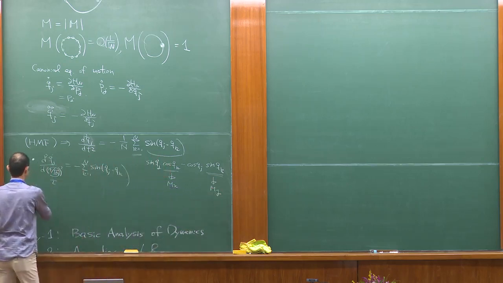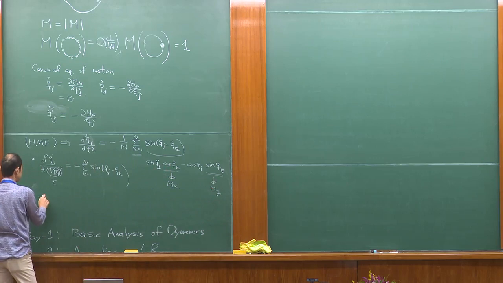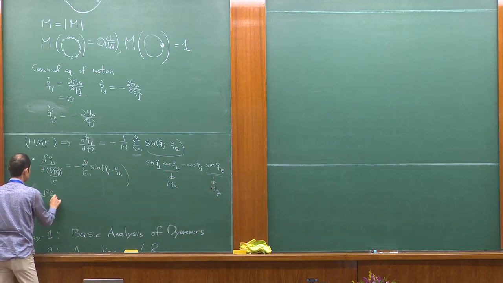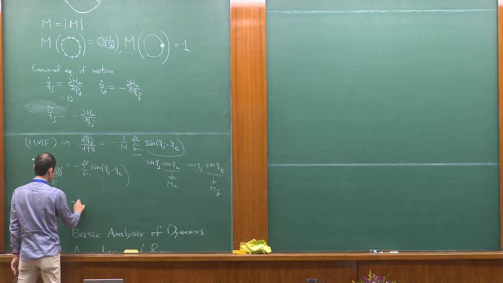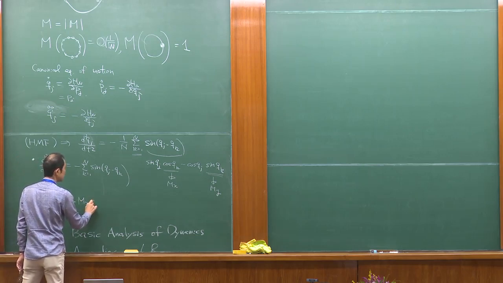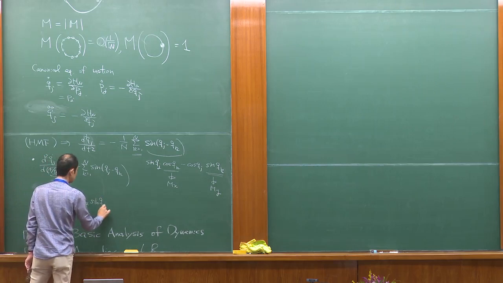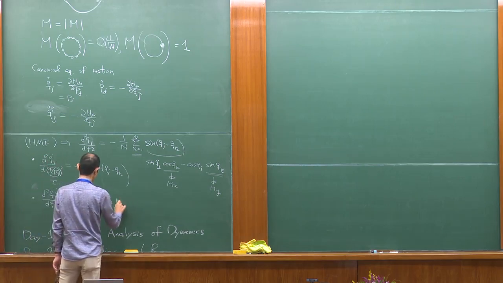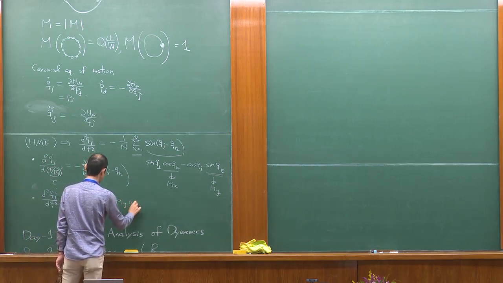So we can write down the equation of motion as mx sine qj plus my cosine qj.